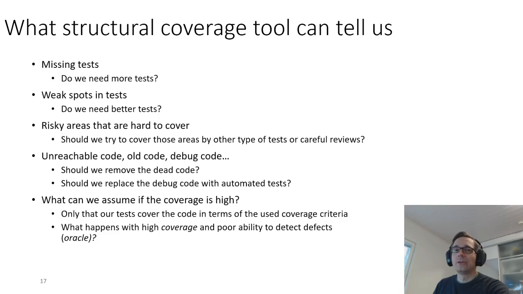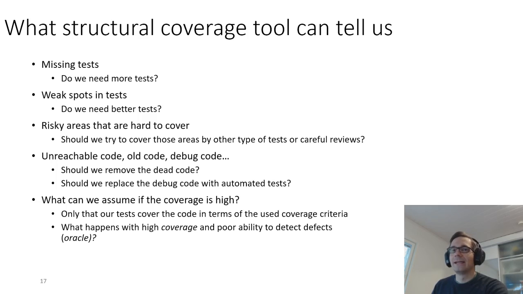Finally, what can we assume if the coverage is high? Well, basically it tells us that our tests cover the code in terms of the used coverage criteria. The coverage criteria itself does not indicate whether our tests are good in detecting defects.